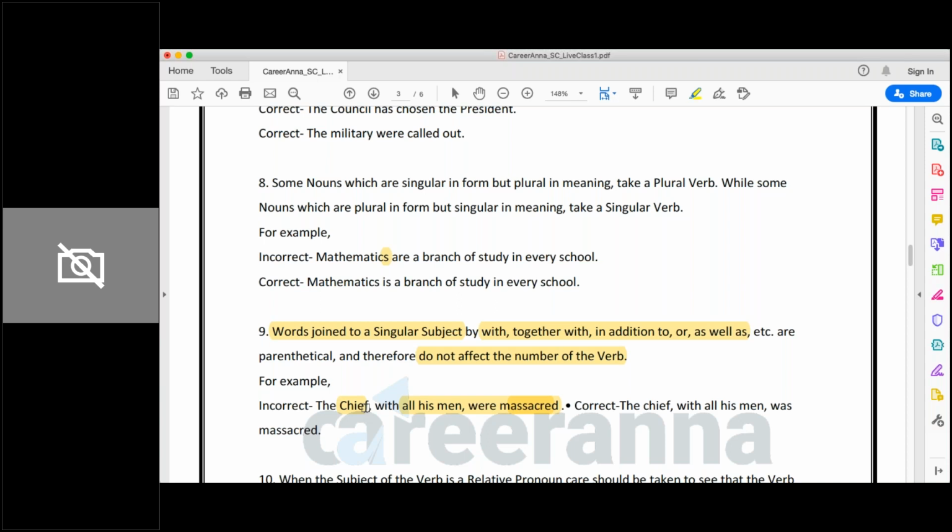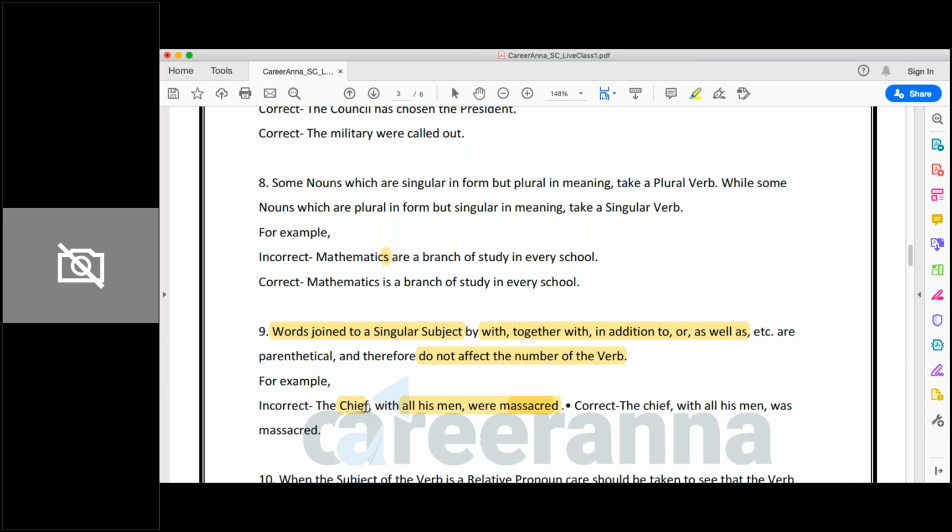But the moment I use the word and, as I discussed in first 2 points, I am taking them together. But in this case, the rule which I am talking in point number 9, I am not taking them as together. I am treating them as separate.